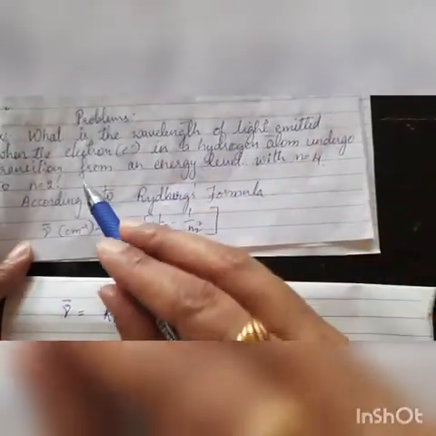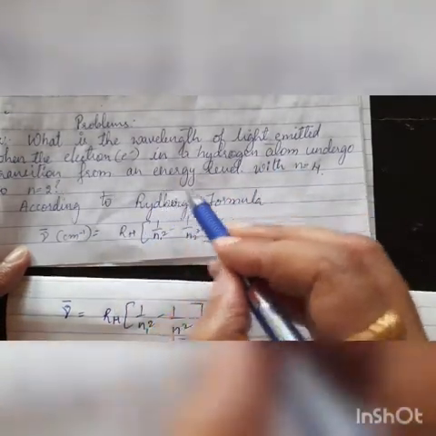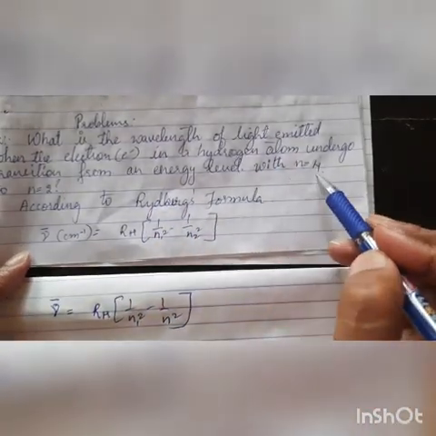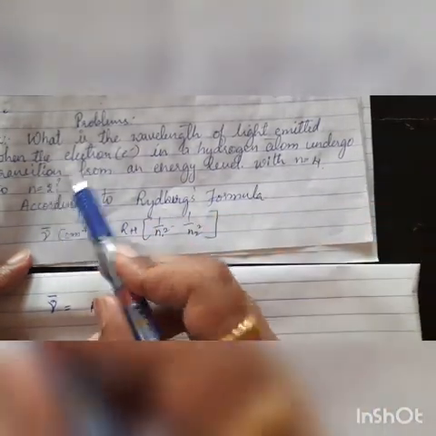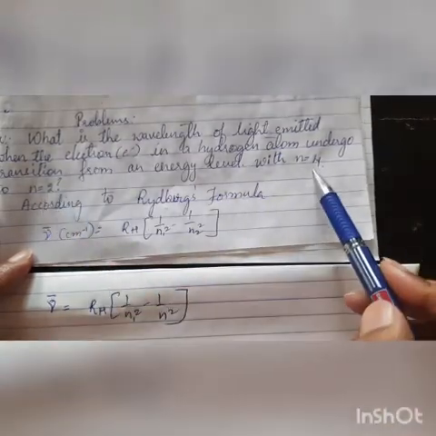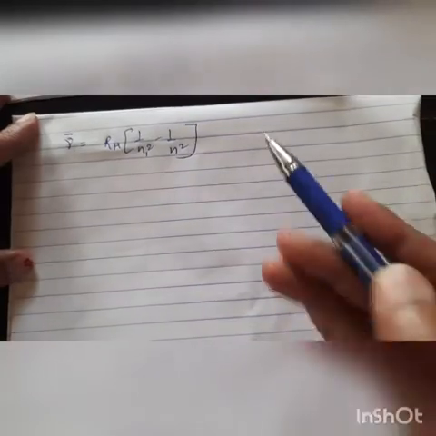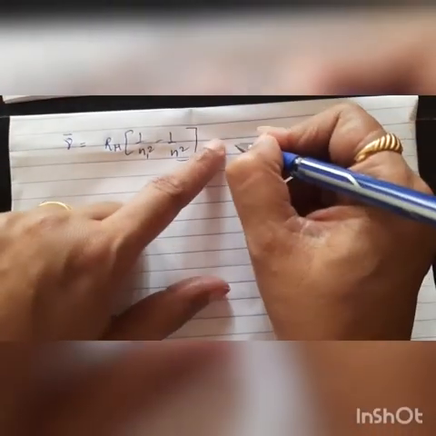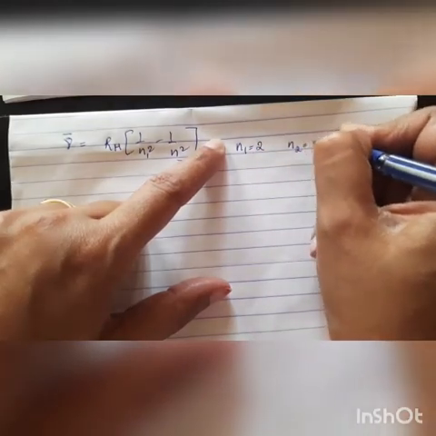Now what is given is the wavelength of the light emitted when the electron in a hydrogen atom undergoes transition from energy level n is equal to 4 to n is equal to 2. From 4 to 2 it is jumping, so n1 is equal to 2 and n2 is equal to 4.